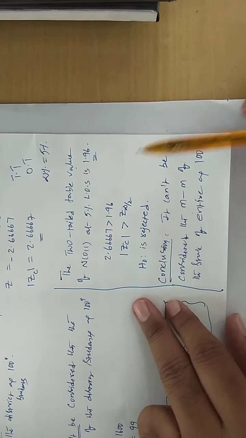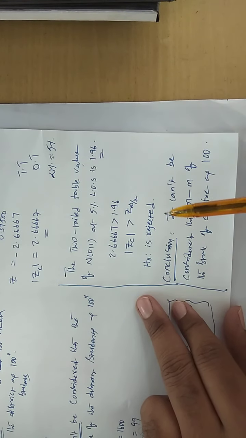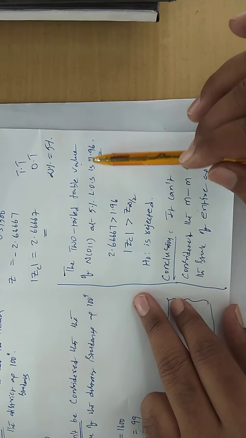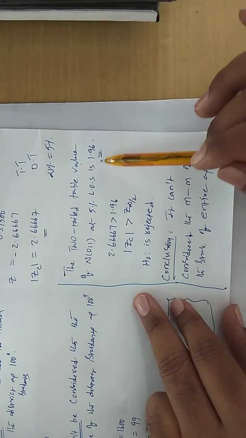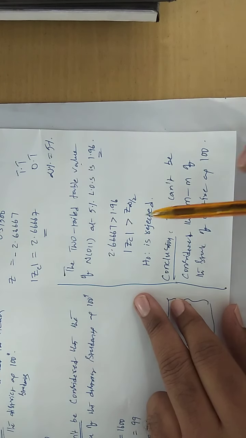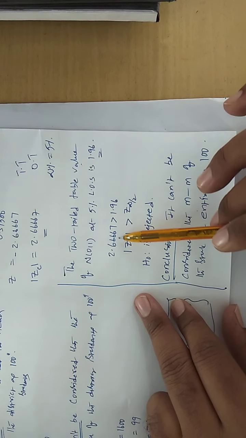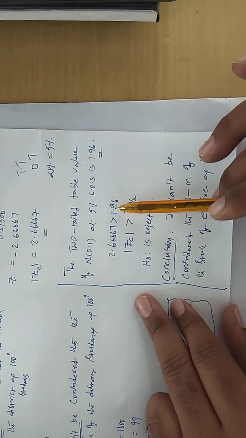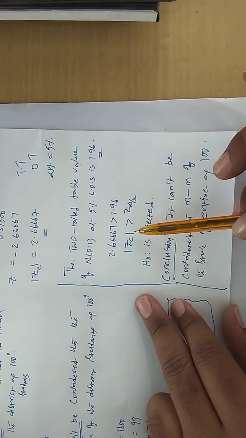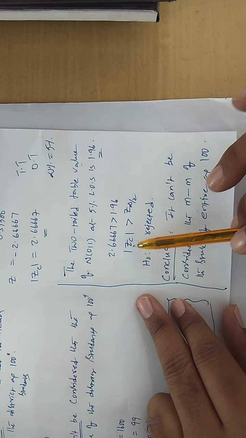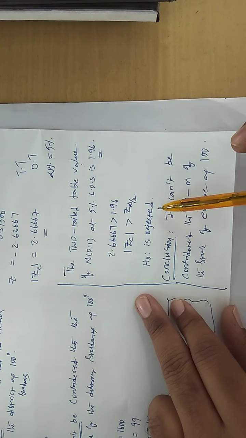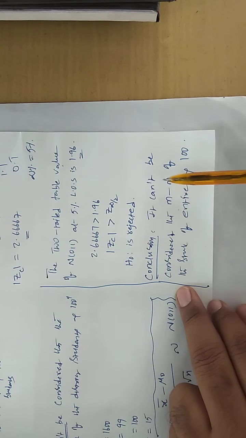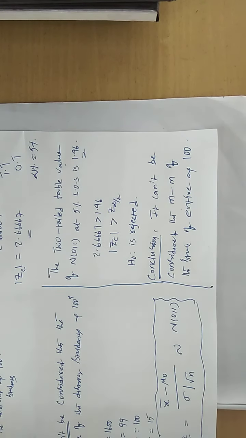The standard alpha value is 5%. The two-tailed table value of N(0,1) at 5% is always 1.96. Always the calculated value in the LHS, table value in the RHS. Compared, the calculated value is more, hence H0 has been rejected. So this is the conclusion answer.